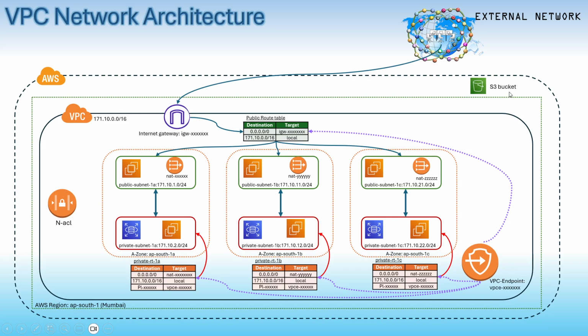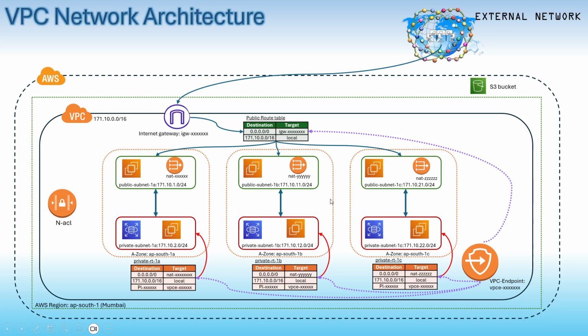The bucket is outside the VPC; it is not present inside the VPC. S3 is a global service in AWS, which belongs outside the VPC. S3 is a storage system, so you can store large volumes of data in the S3 bucket.